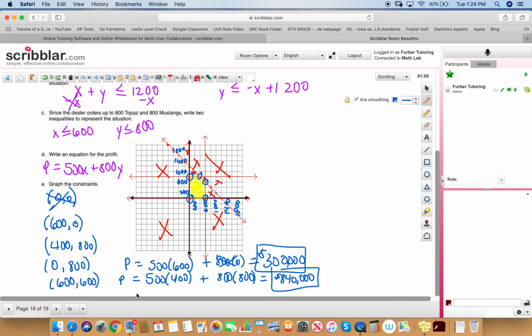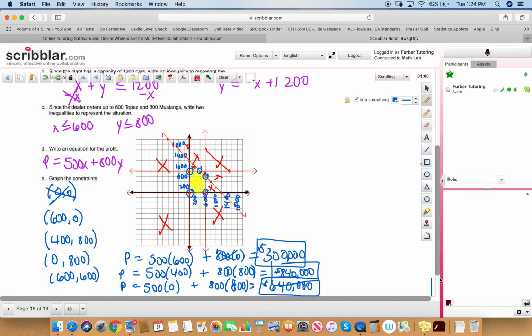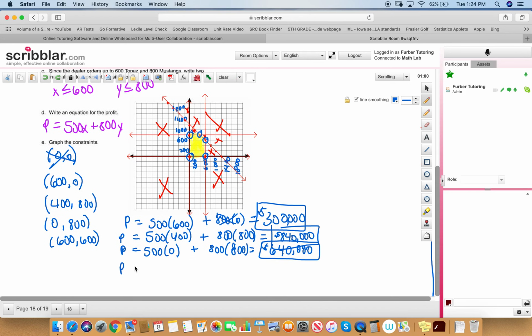But let's try the others. 0 topazes and 800 Mustangs. Gets you close, but not as close as the other one. That's only 640,000. All right, and then let me do one more. What if we made 600 of each one? So 500 times 600 plus 800 times 600.